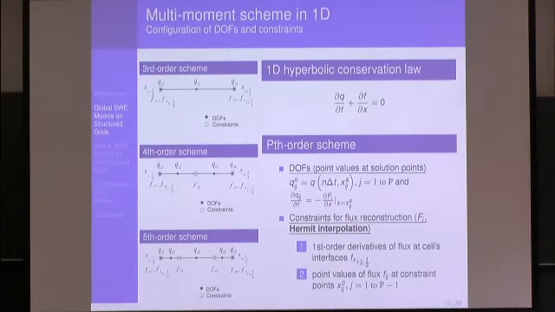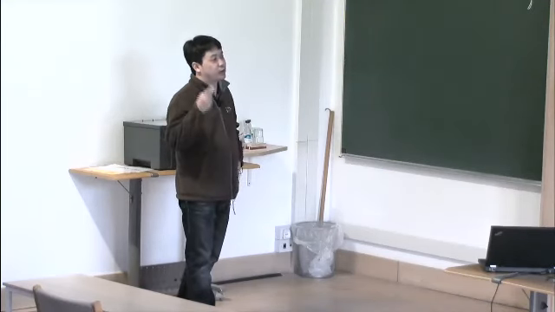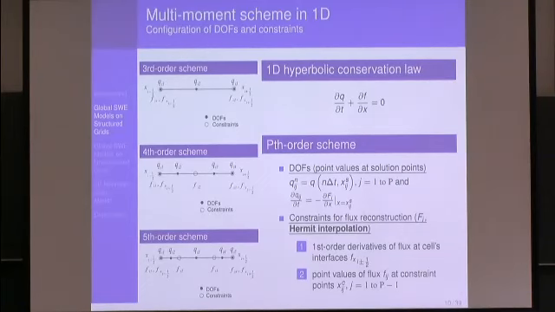Here we choose P plus 1 constraints for constructing this flux reconstruction. There are two types of constraints. The first one is the first order derivatives of flux at the interfaces between different cells. There are two for each control volume. And the second type is P minus 1 point values of flux at constraint points.